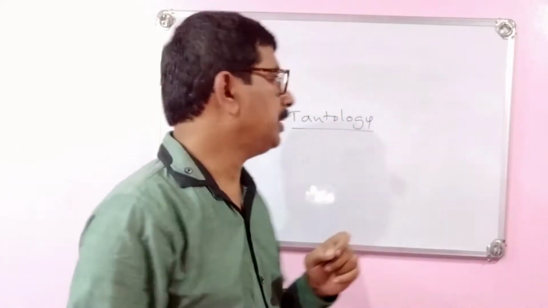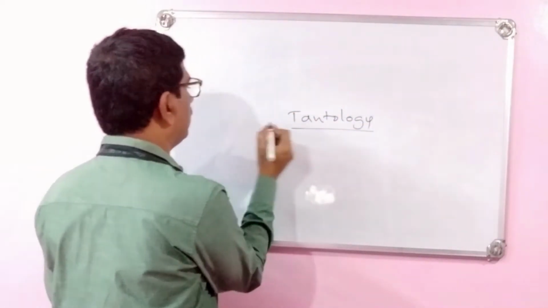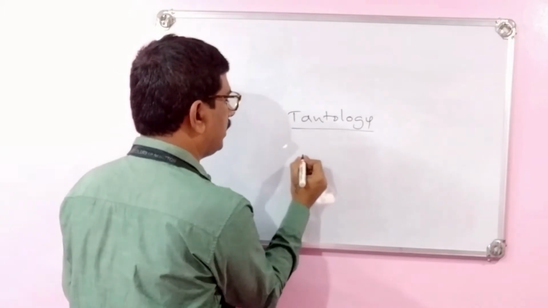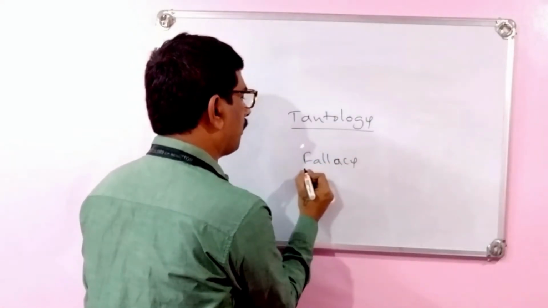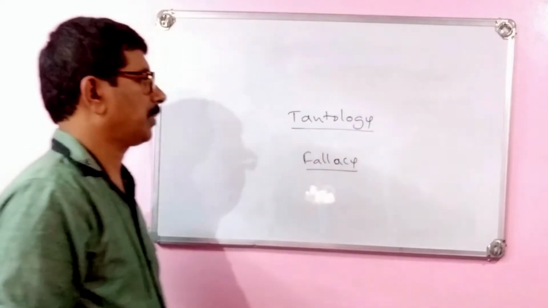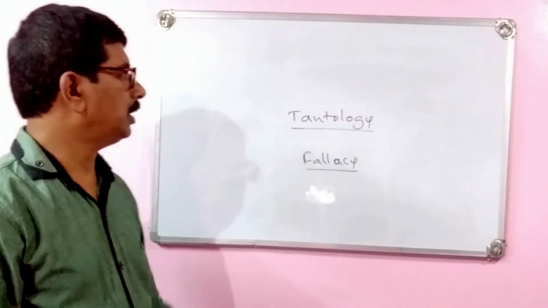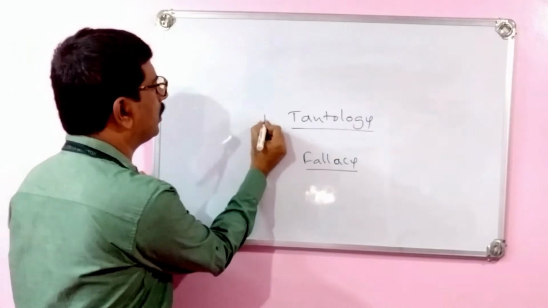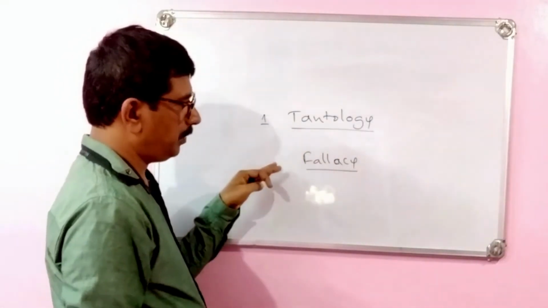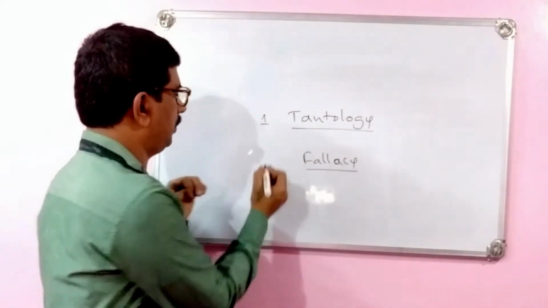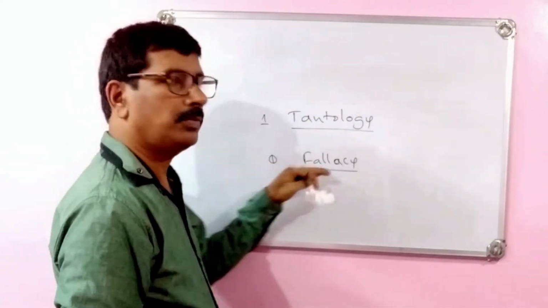And if the result of anything is false, that is 0, then it is called a fallacy.